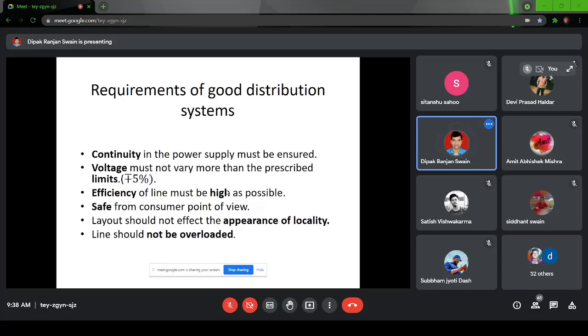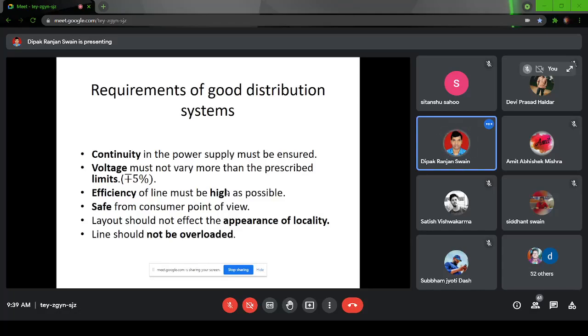As you can see, day by day the loads are increasing, plus the number of consumers is also increasing. Different appliances for different purposes are also coming up. So in view of easing our life, the demand for electricity is going to increase.